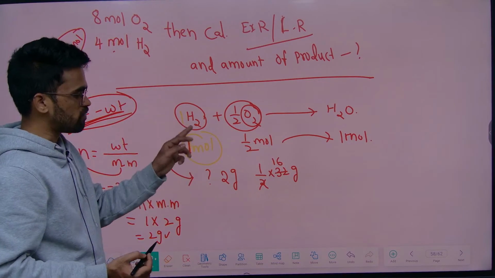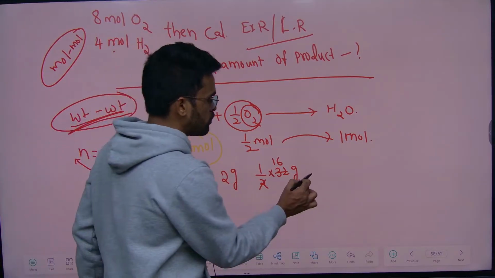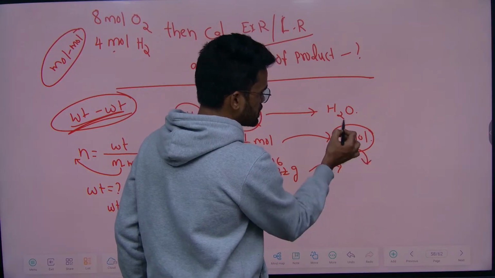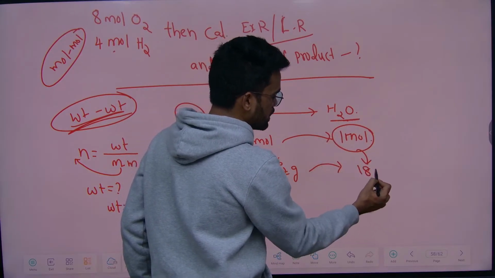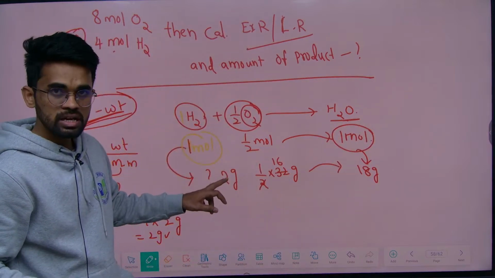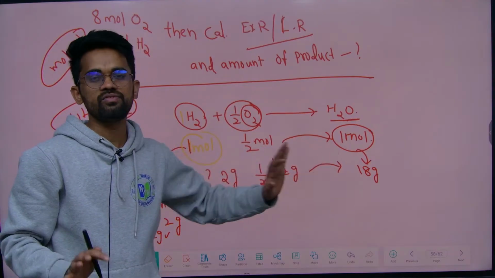So 2 grams of hydrogen combining with 16 grams of oxygen and forming 1 mole of water. 1 mole of water is nothing but its molar mass. How much? 18 grams of water. Okay, once again, 2 grams of hydrogen combining with 16 grams of oxygen forming 18 grams of water.